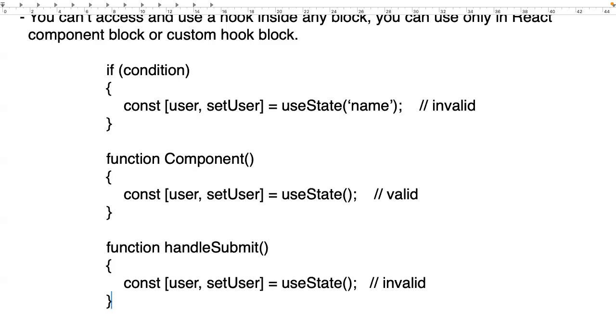You can access them only inside the component or only inside the hooks. That means in two function blocks you can access: one is a component function block, another is a hook function block.